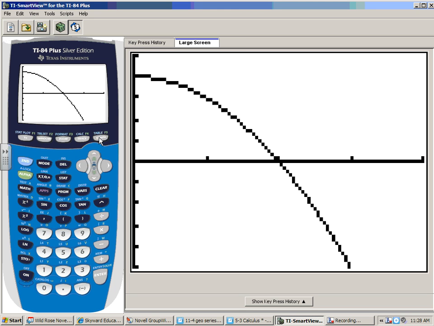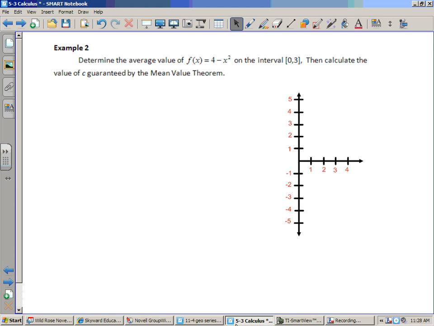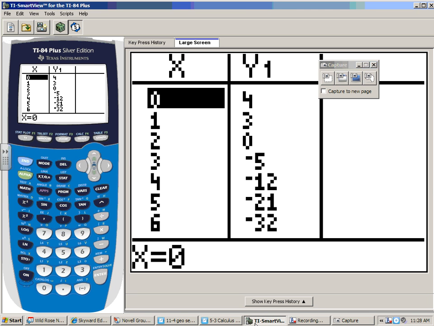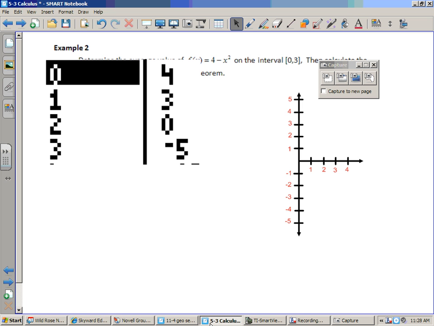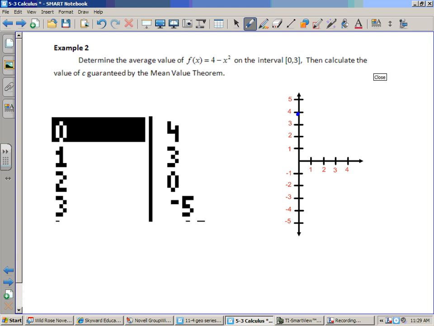And once you have that, probably go to the table and get some accurate points. So we've got 0, 4; 1, 3; 2, 0; and 3, negative 5.